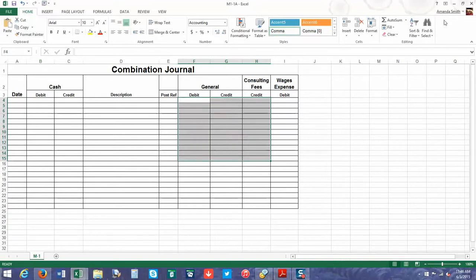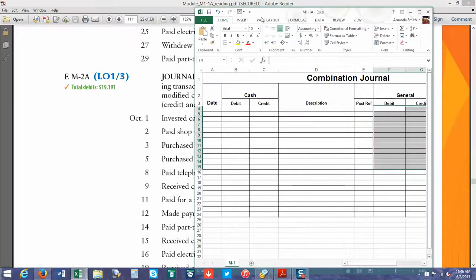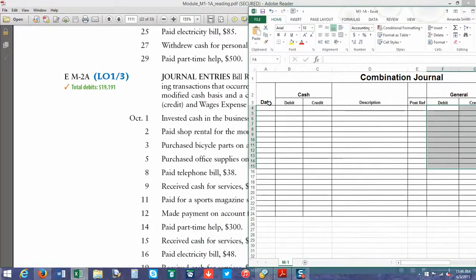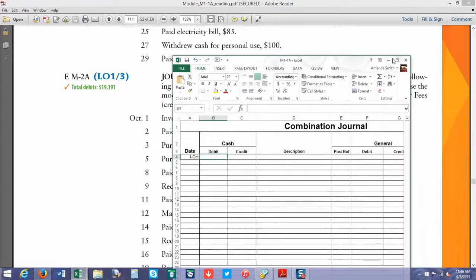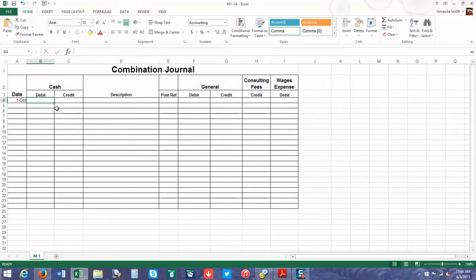delete all of those. So we have invested cash on October 1st. On October 1st, we invested 15,000. So we're going to debit our cash account like we normally would.